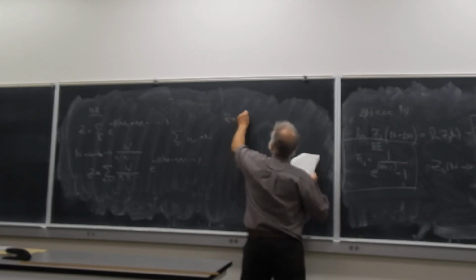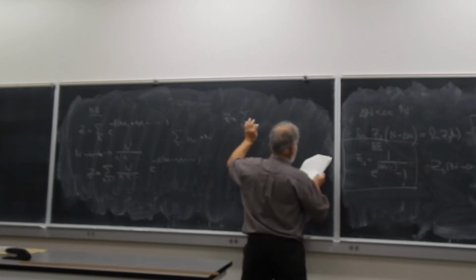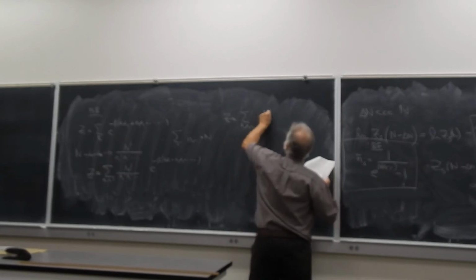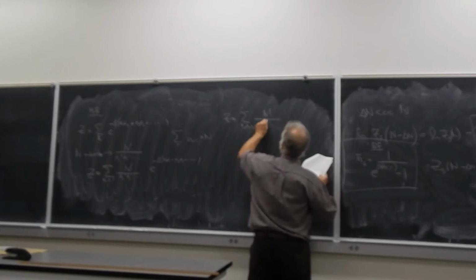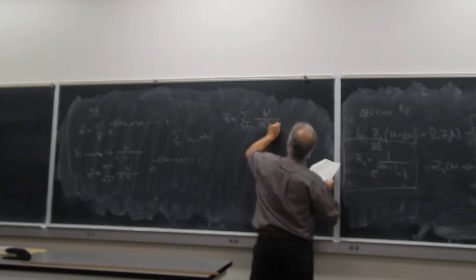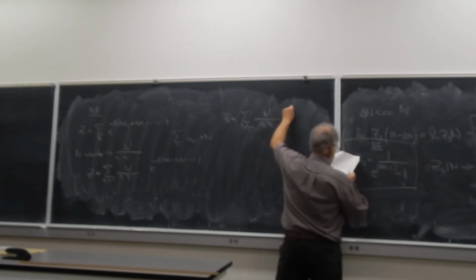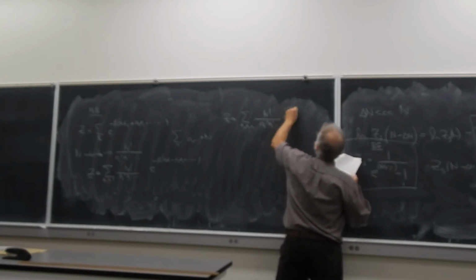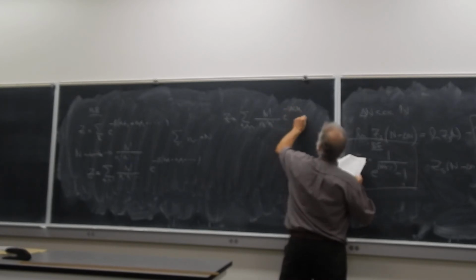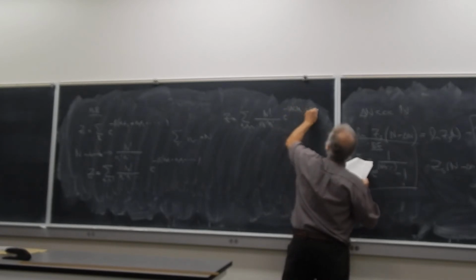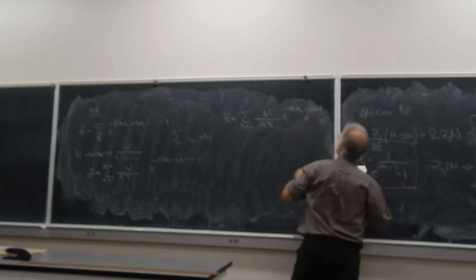I can write it as the sum over n1 and n2, so I'm summing over all the particles, N factorial, and n1 factorial, and n2 factorial, all the way out, e to the minus beta e1 to the n1, e to the minus beta e2 to the n2, et cetera, et cetera.